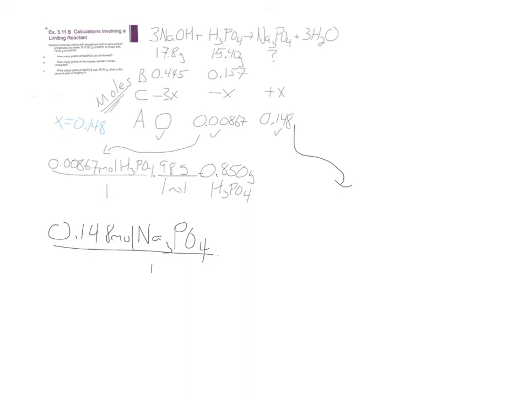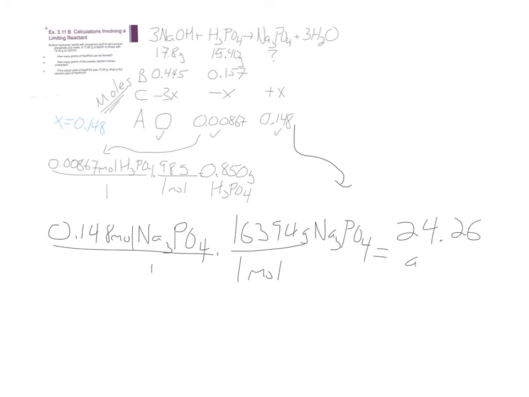And we look at that molar mass. 1 mole is going to be 163.94 grams. And that's going to tell us that we can make 24.26 grams of Na3PO4.